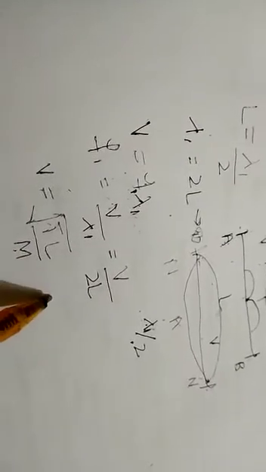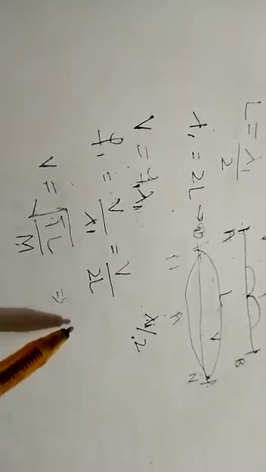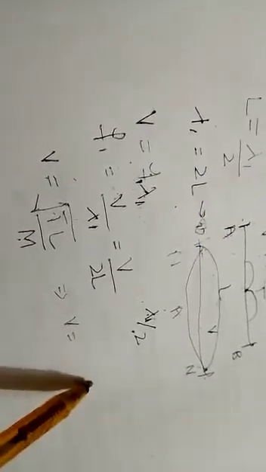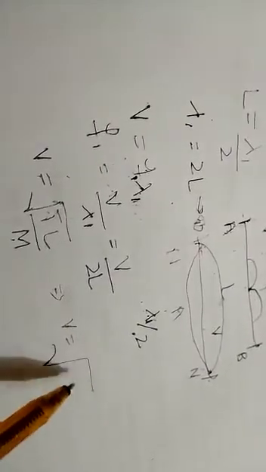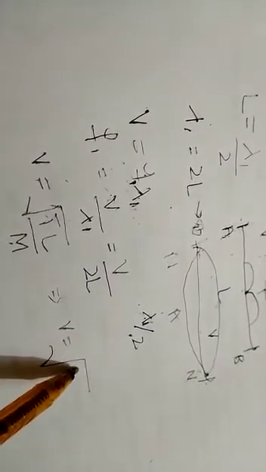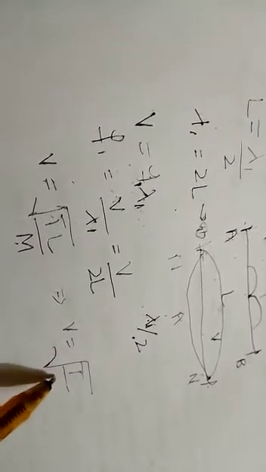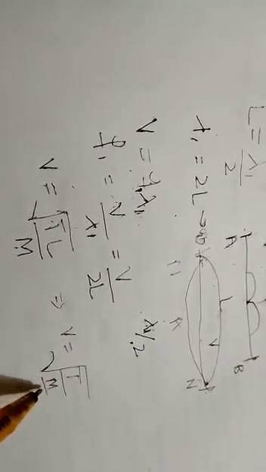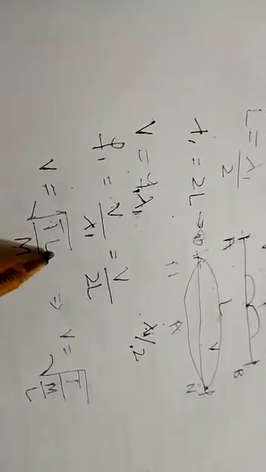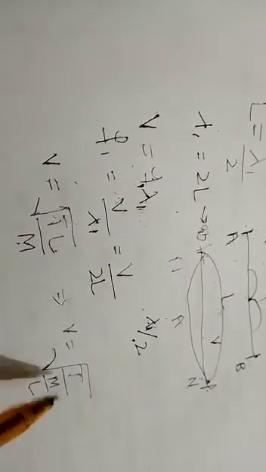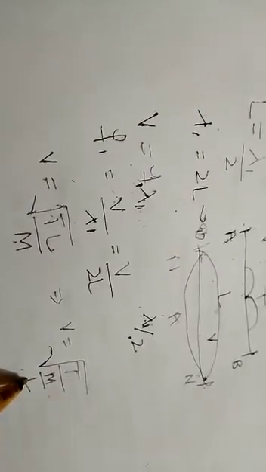We can also write this expression as v is equal to under root T divided by M divided by L. We write this L in the third place, and this is mass, this is the length.